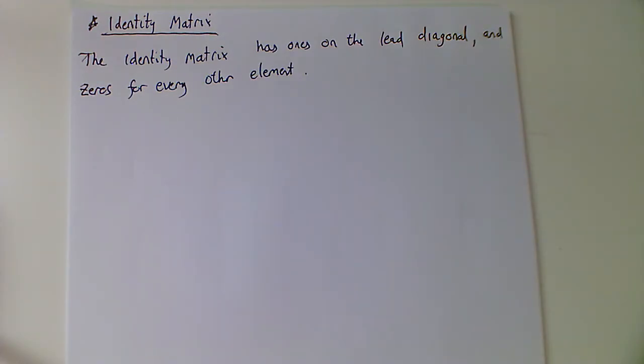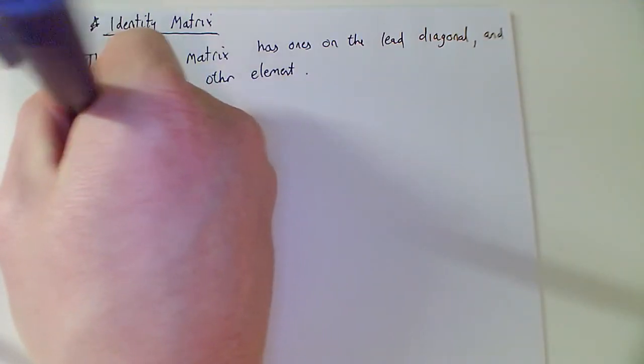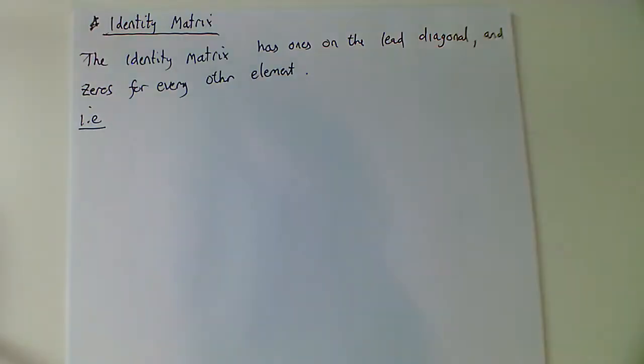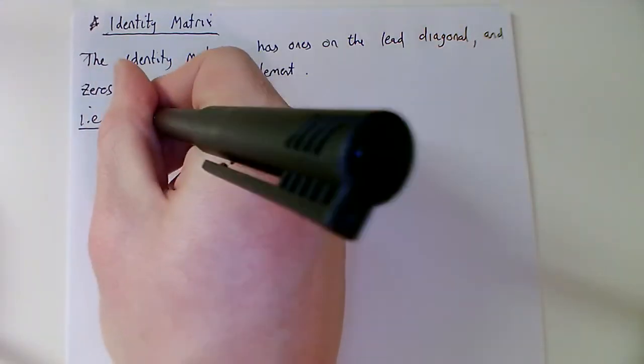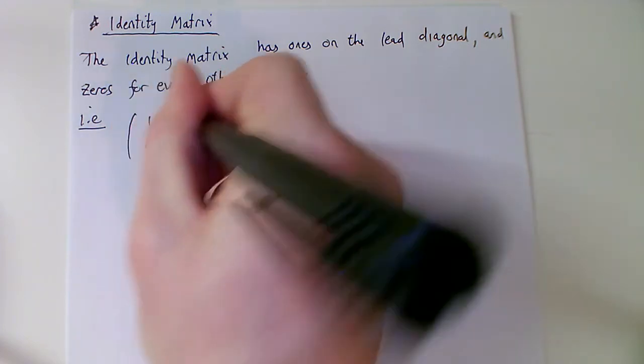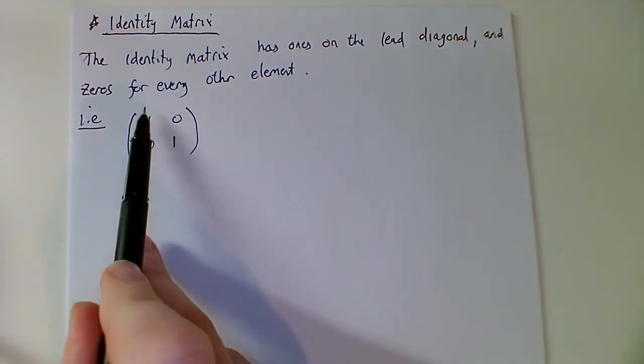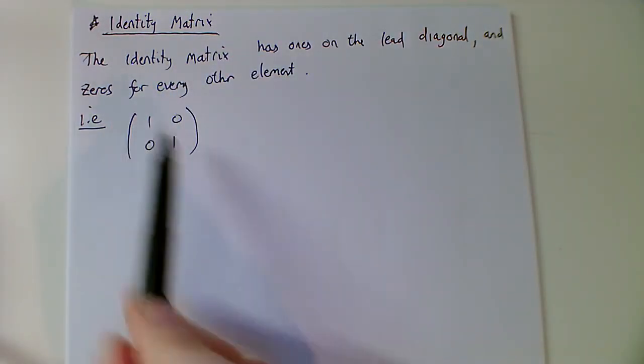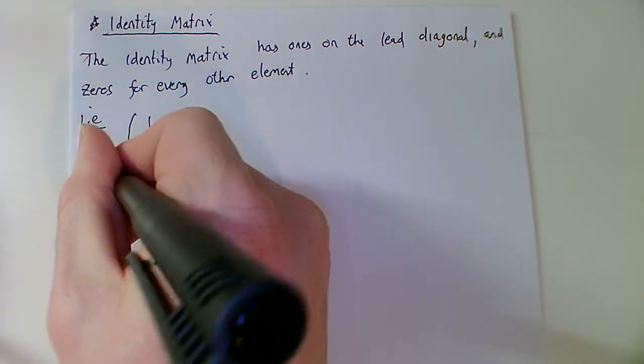Right, now an identity matrix can only exist if the matrix is square. That means it's got the same number of rows as columns, i.e. 1, 0, 0, 1. It's a square matrix with 1 going down what's known as the lead diagonal.